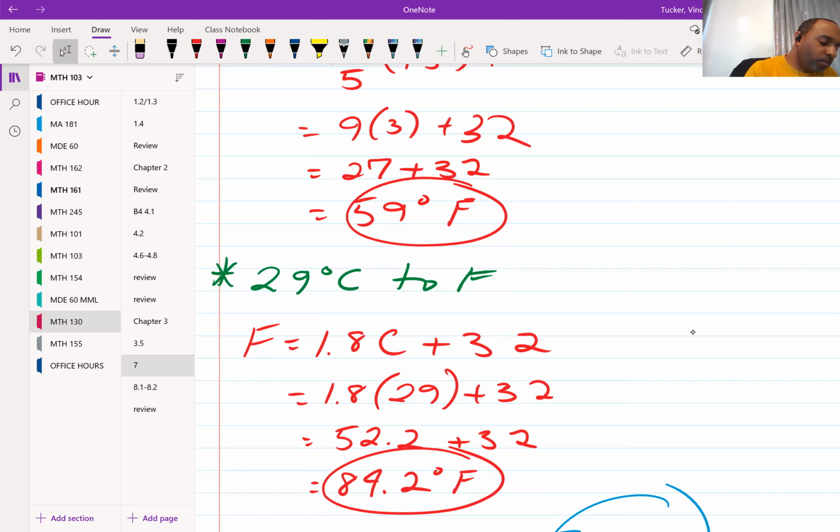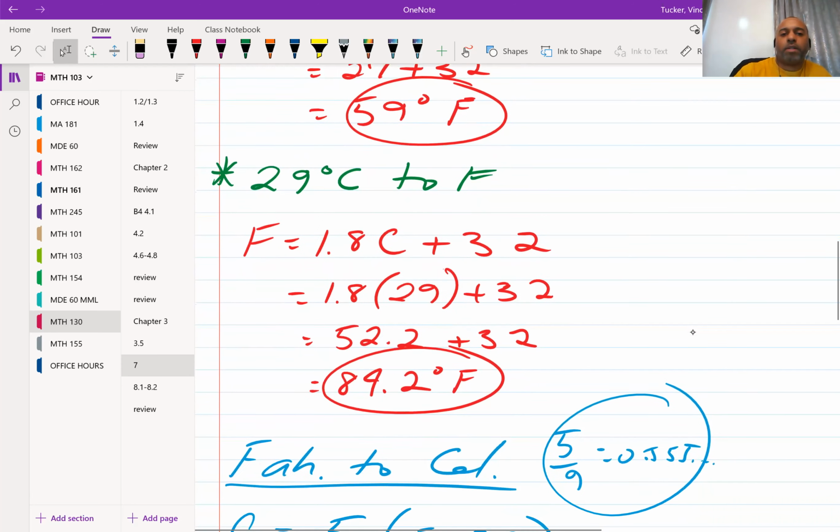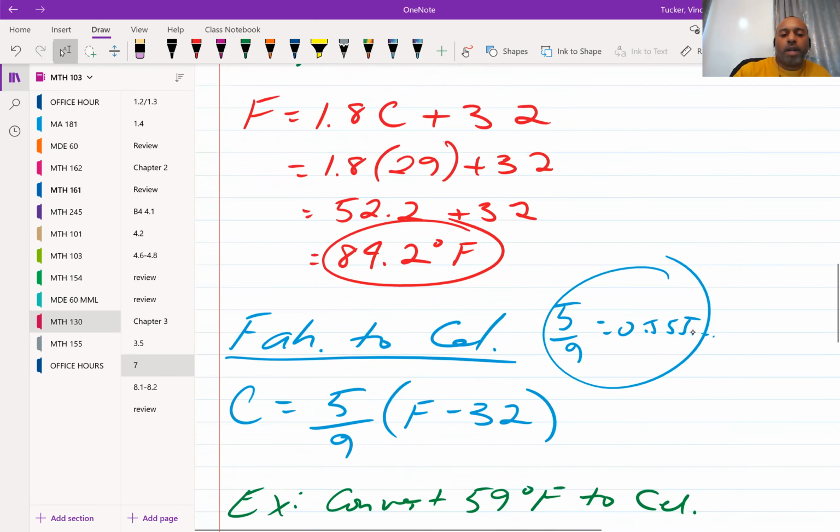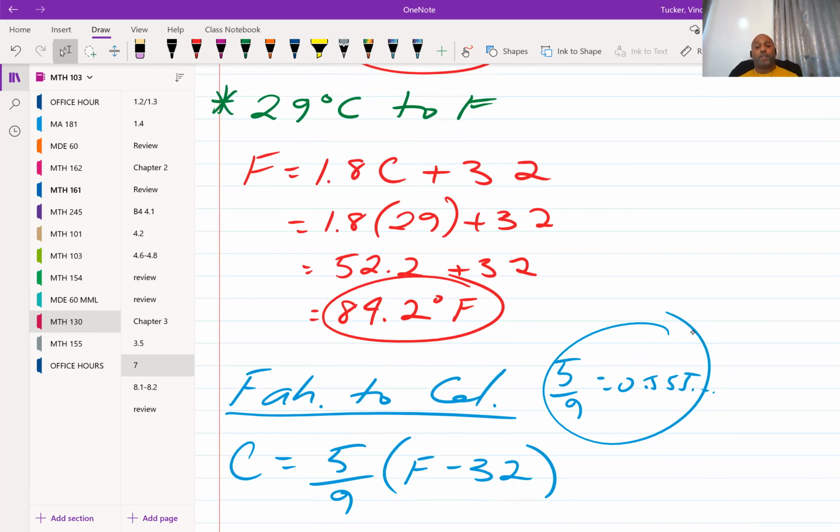All right, can we scroll up some? I think y'all were done with that first one. And now we're going from Fahrenheit to Celsius. It's that same formula, just manipulated so that C is on one side and you plug in your Fahrenheit. That's why we have 5/9 here instead of 9/5, and we have -32 instead of +32.